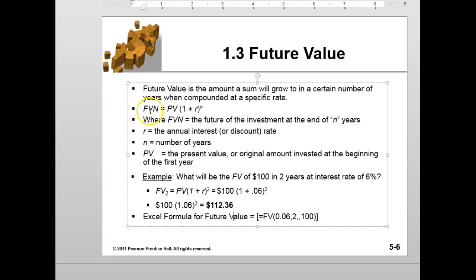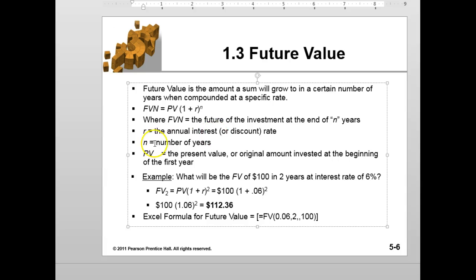What this is saying: the future value of some amount equals the present value times (1 plus R) to the N. N is the period, so if it were 5 years, it would be to the 5th power. That's what this explains: the future amount of the investment in years.